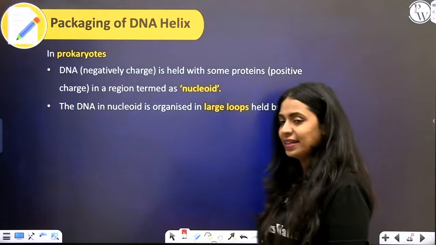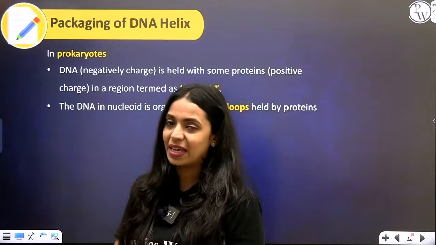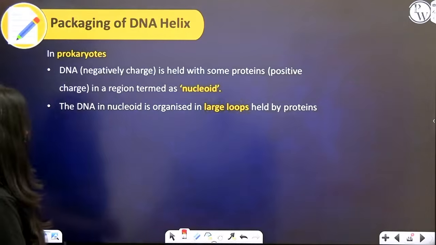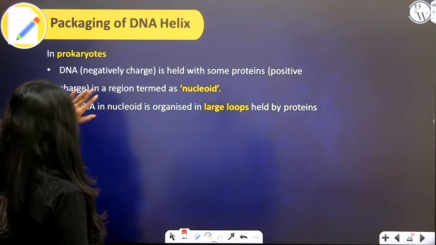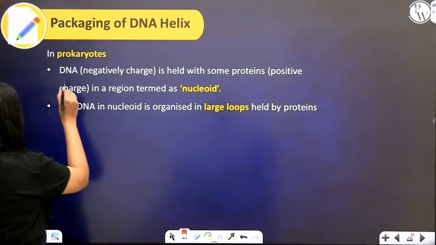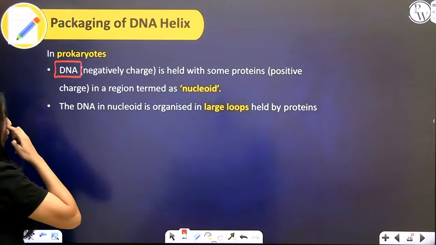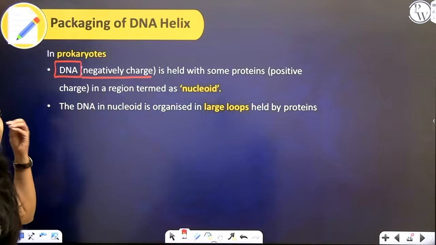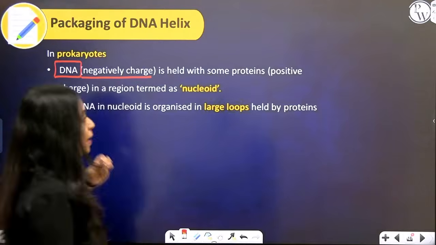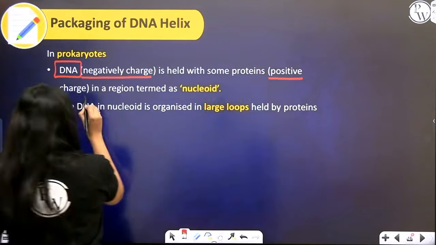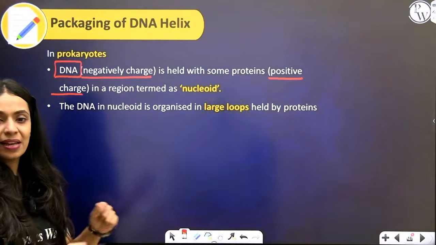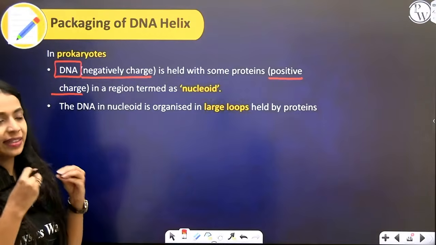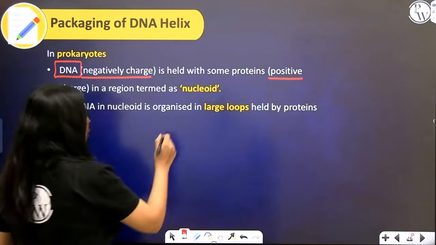So how exactly does this packaging of DNA take place in prokaryotes? Let's understand that first. In prokaryotes, which include bacteria, always, regardless of prokaryotes or eukaryotes, DNA is negatively charged. This negatively charged DNA, with the help of some proteins that are positively charged, will become compact and will lie in a region called the nucleoid.